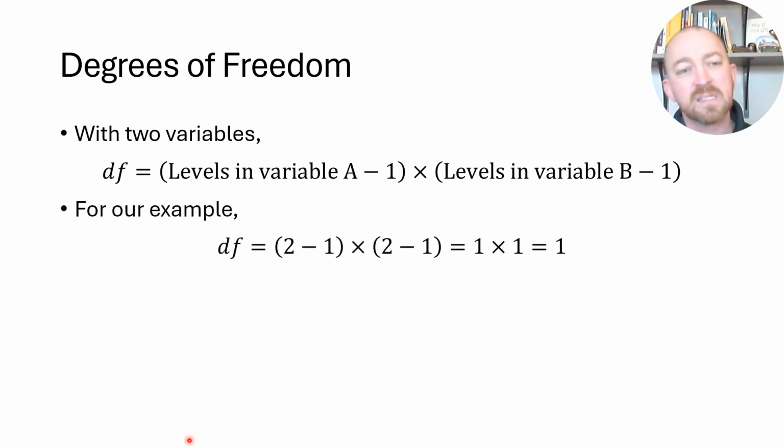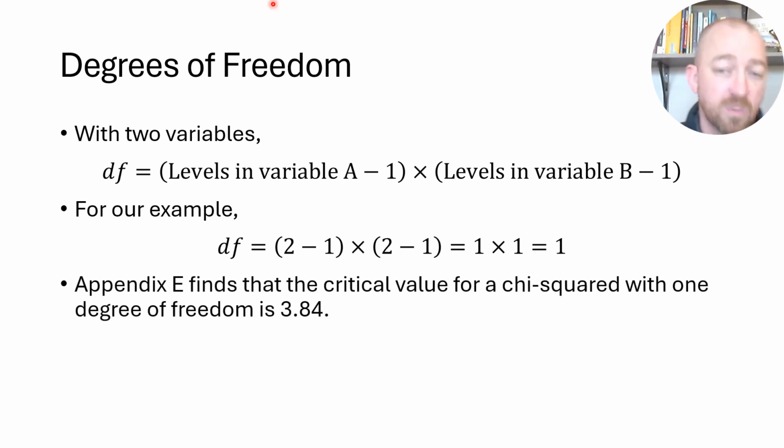So of course in this instance we had two levels of variable A, which was the medication or the intervention, and then two levels of the variable B, which we're calling B, but it doesn't really matter. That was of course whether you had a heart attack or not. And of course 2 minus 1 times 2 minus 1 is the same as 1 times 1. 1 times 1 is of course 1. So we have 1 degree of freedom for our chi-squared analysis.